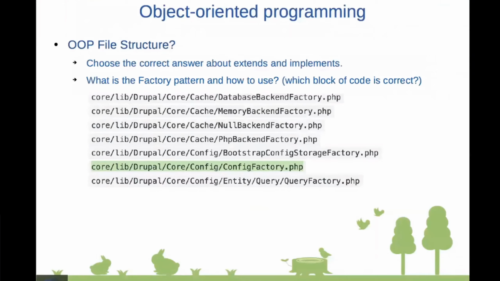One thing, I got one question about the config factory. You create a factory class to extend this one. So that's why we give a block of code, and you have to choose which one is correct.